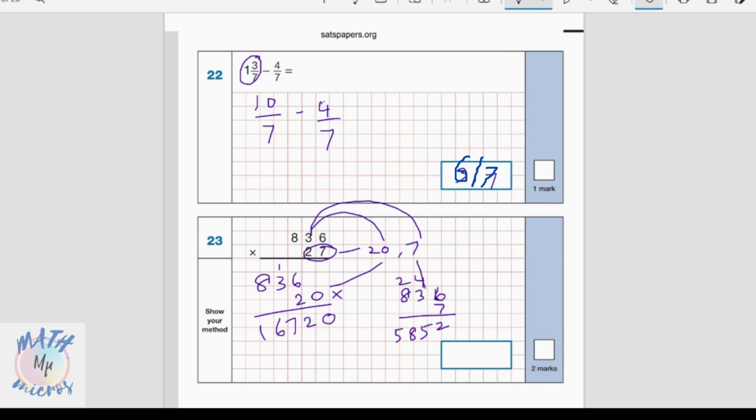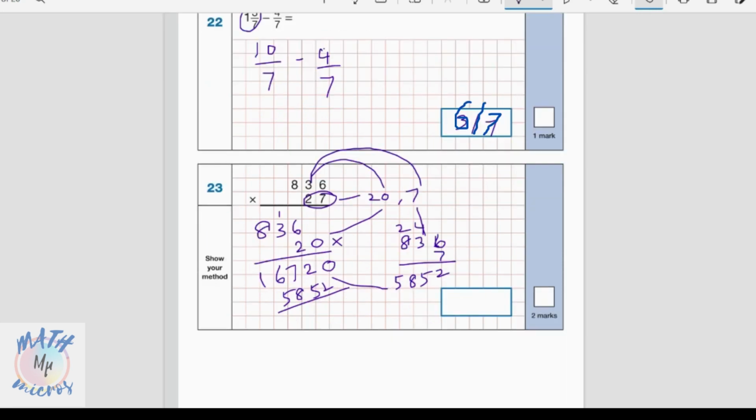Now I add these both together, so I put this number below this for easy addition. I add 0 plus 2 is 2, 5 plus 2 is 7, 7 and 8 is 15, and then 6 plus 1 is 7, plus 5 is 12, and then 1 plus 1 is 2. So the answer is 2, 2, 5, 7, 2.